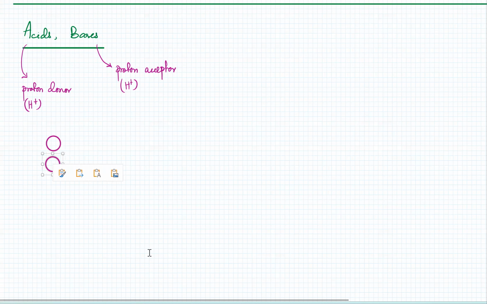Acids and bases are equilibrium systems. So what's an acid? It's a proton donor. And what's a base? It's a proton acceptor. What's a proton? It's an H+ ion. So basically, you've got a molecule, it could be any molecule, okay? So you've got two molecules.